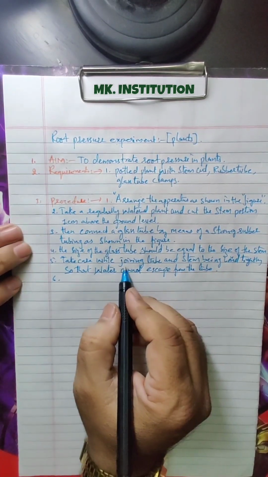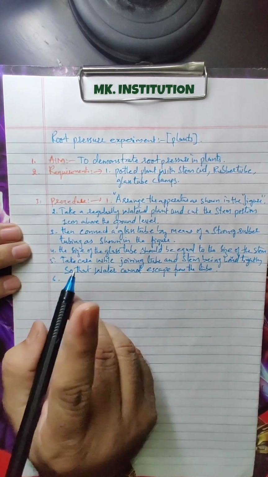Sixth one, the tube and everything should be joined perfectly, okay, so that the water should not leak.